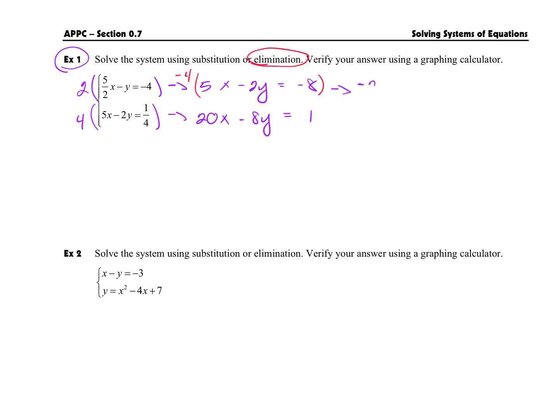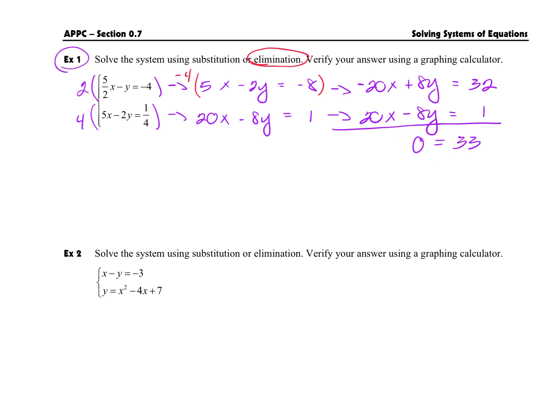That leaves me a negative 20x plus an 8y equals a positive 32, and the second equation stays the same, 20x minus 8y equals a 1. I can now add these two equations together, and when I do that, all of my variables drop out. So the left-hand side becomes 0, and the right-hand side is 33.